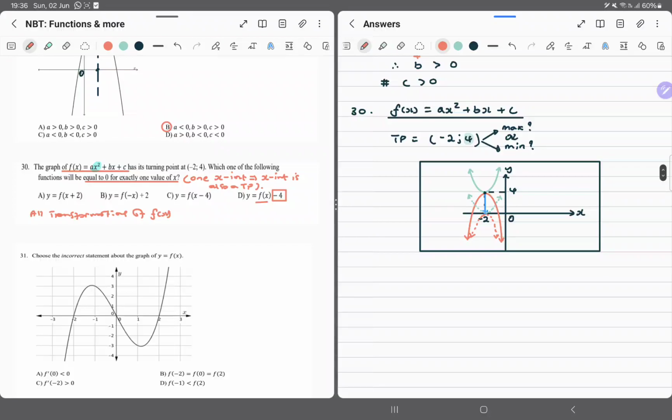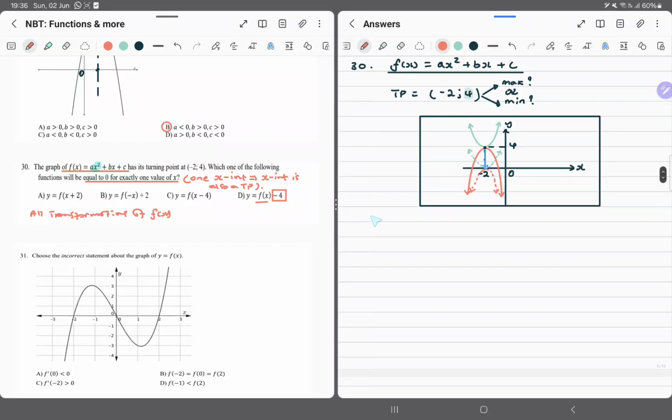So what can we say here? What is key here is knowing how to perform transformations of any given function in any manner required.